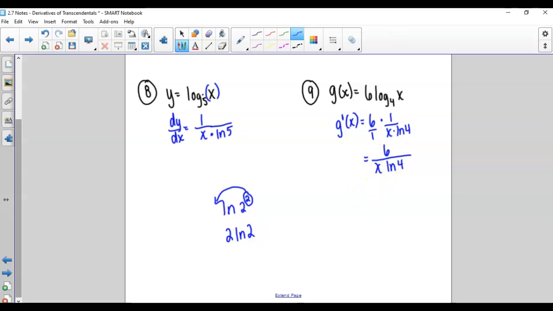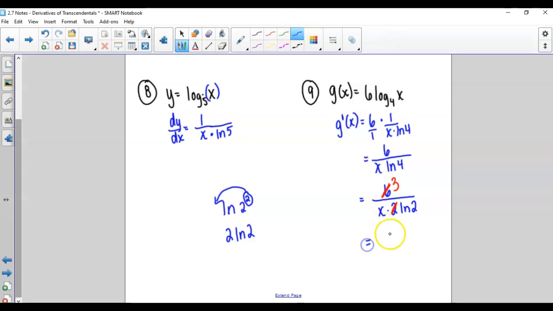And so a lot of times they'll do that for these problems, especially if it's multiple choice. Maybe this answer, 6 over x times natural log of 4, won't be there. So they'll do 6 over x times 2 natural log of 2. And now this 6 and this 2 can reduce, and you'll get a 3 in the numerator.